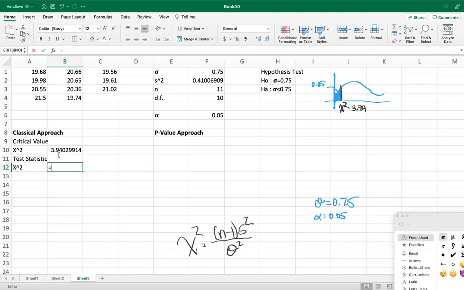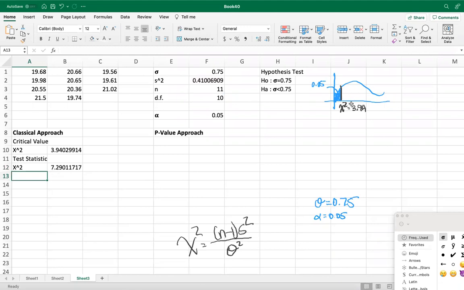So this is equal to our degrees of freedom times our sample variance, and we're dividing this by our population variance. This time we have the standard deviation, so we're going to have to square it. So parentheses for the bottom, this value squared. And there we go.